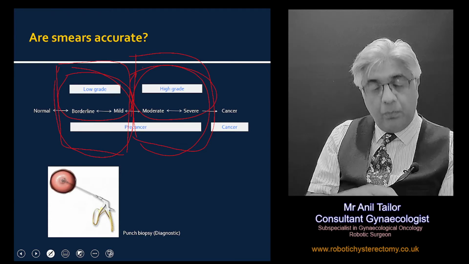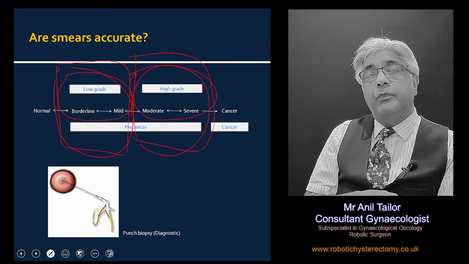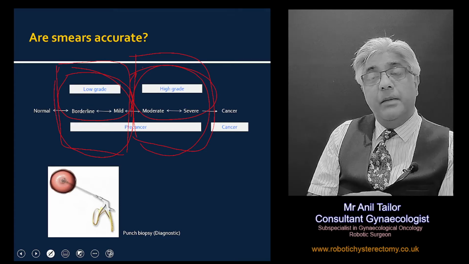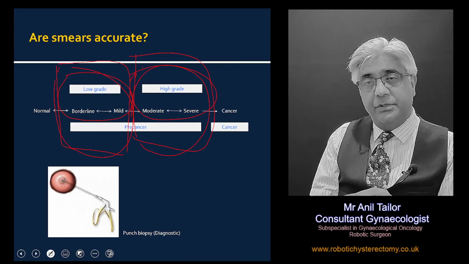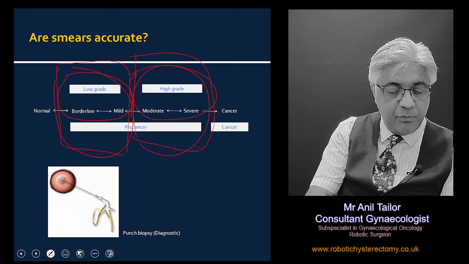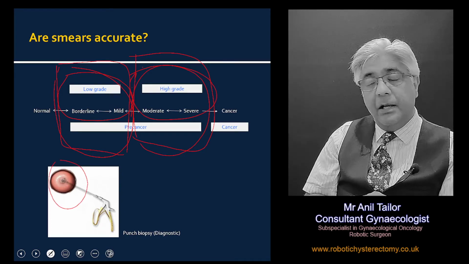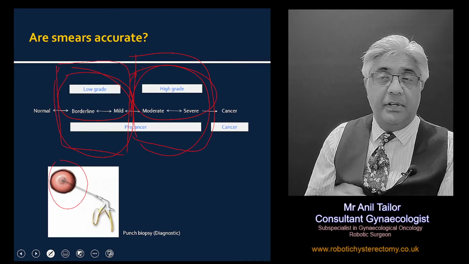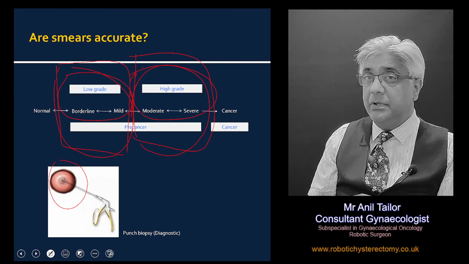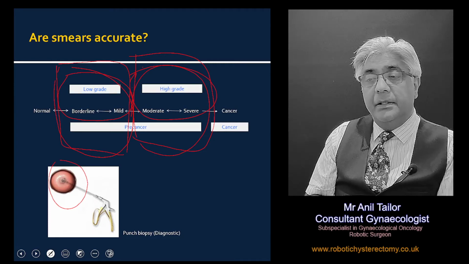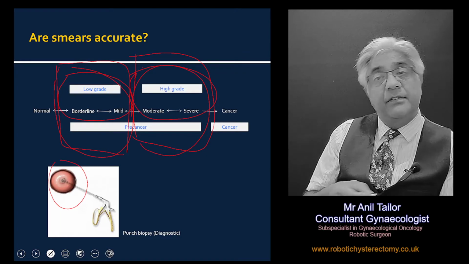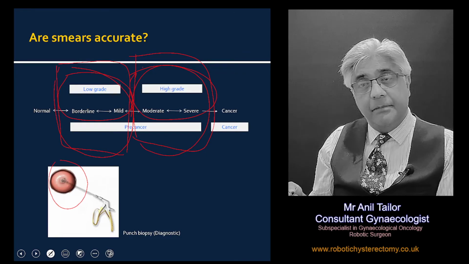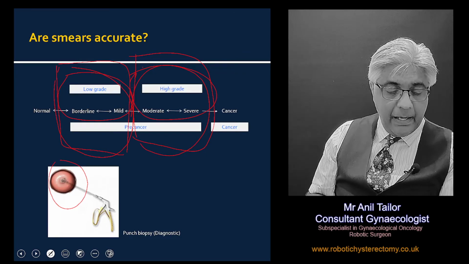So one of the ways of verifying the visual impression from the colposcopy is to take a small punch biopsy, which takes literally a fraction of a second, usually does not hurt, and quite often you wouldn't even notice that a biopsy has just been taken. It is that quick.